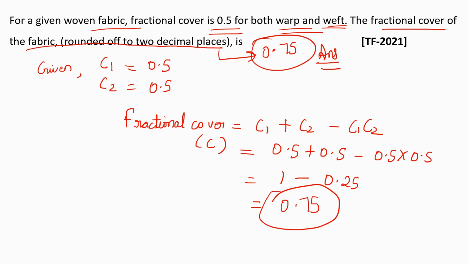You need to be clear with the fundamentals of what type of questions are asked in this GATE examination. I think it is very much clear to you. You must have understood by now the pattern of the GATE examination in the latest years, that is 2021, 22. So they do not ask very tough questions. Some questions are no doubt very tough, but the majority of the questions are doable, and you have to focus on the doable questions only.